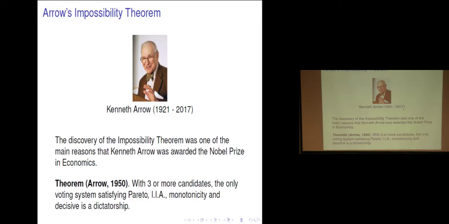Then the only choice is dictatorship. If you add anonymous, impossible. There's no such voting system which can get these four plus, for example, the anonymous. Okay, so this is the result by Arrow.